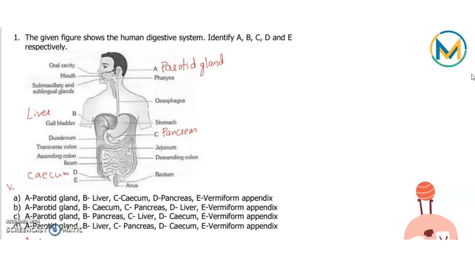So this E is vermiform appendix. Now looking at the option A, parotid gland, B, liver, C, pancreas, D, cecum and E, vermiform appendix. So correct option is option D.